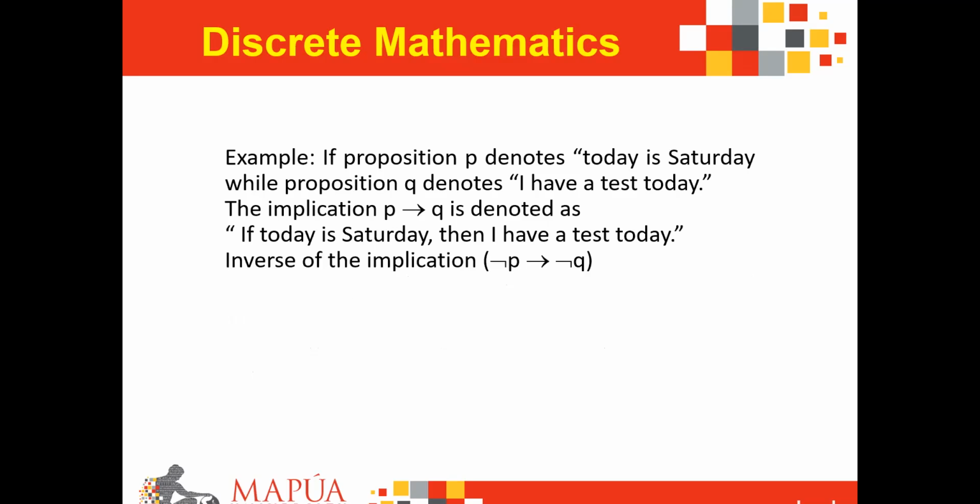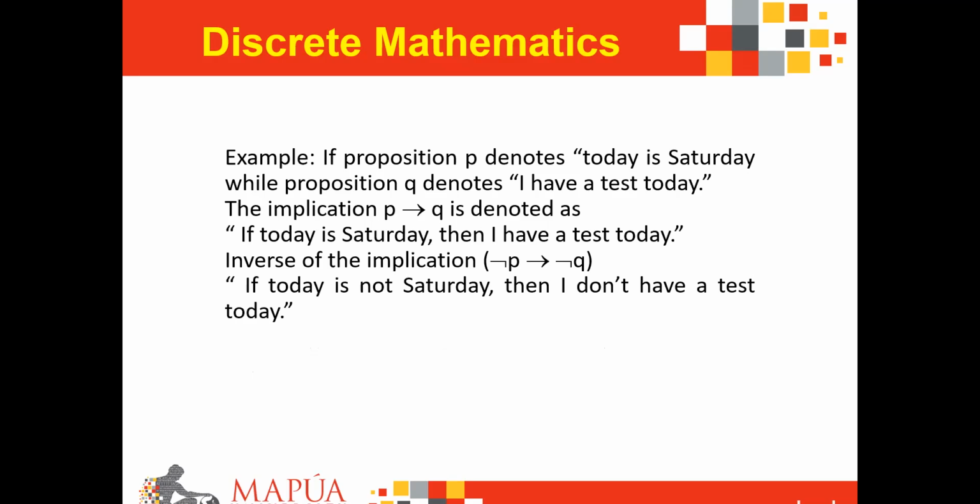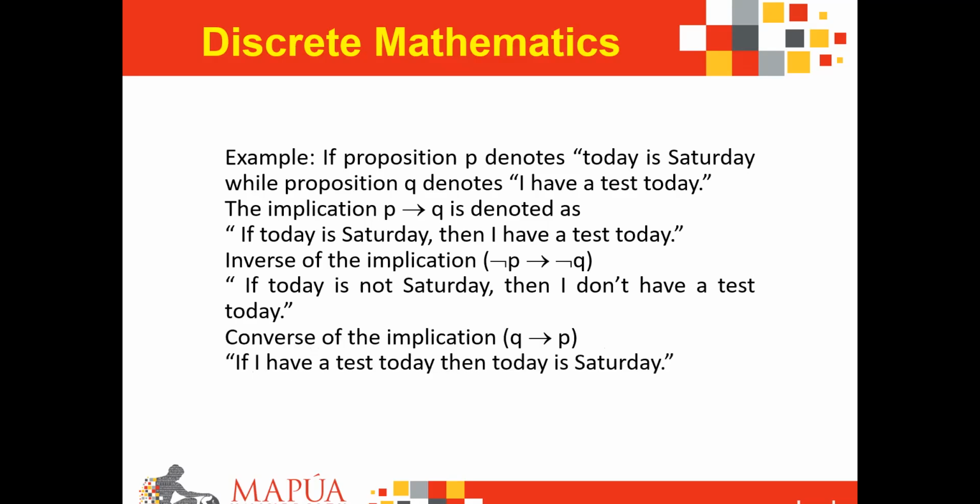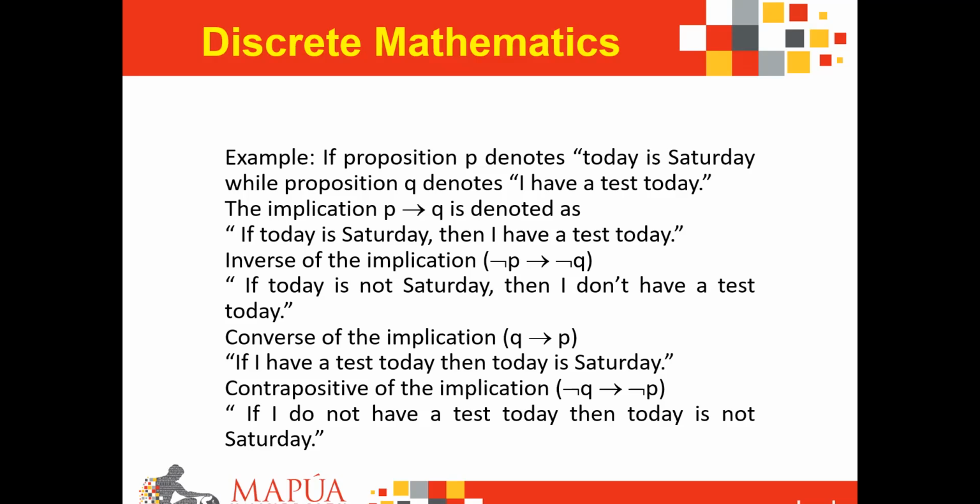The inverse would read: if today is not Saturday, then I don't have a test today. The converse would read: if I have a test today, then today is Saturday. And the contrapositive would read: if I do not have a test today, then today is not Saturday. Note that these statements have different meanings. Thus, the only equivalent statements here are your implication and your contrapositive.